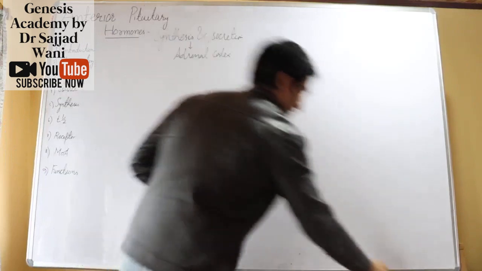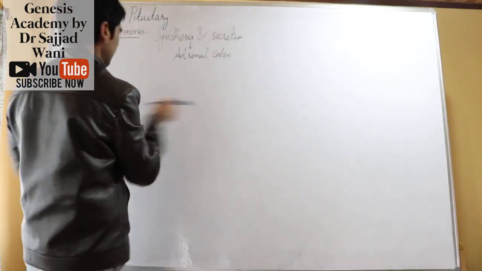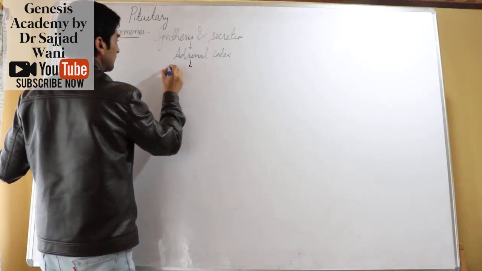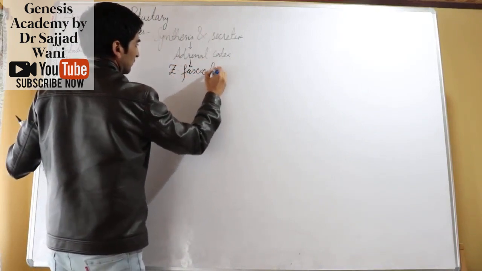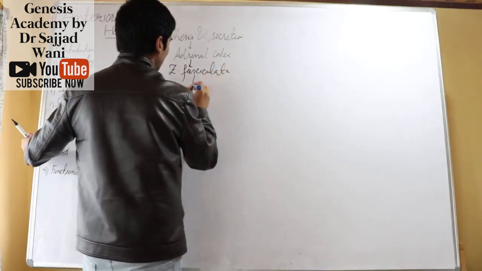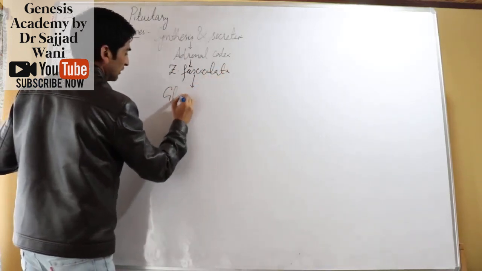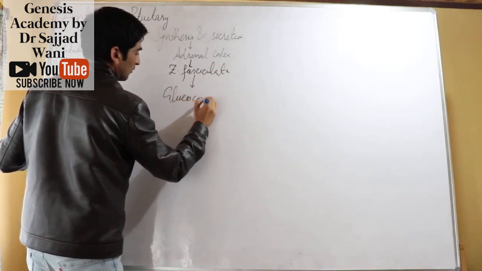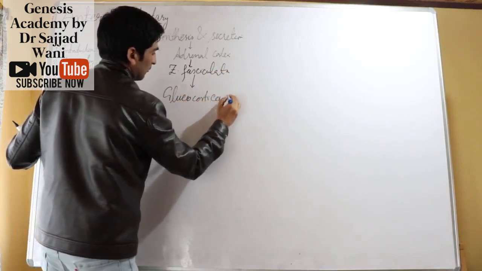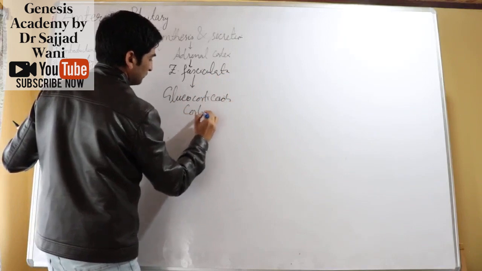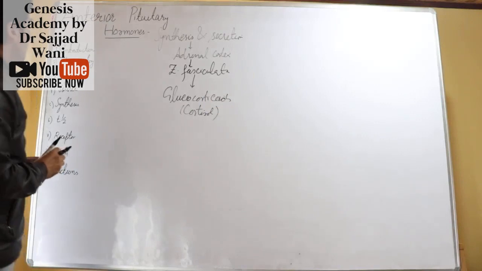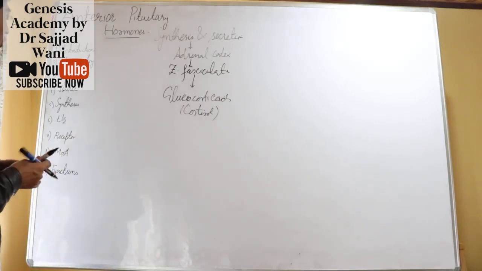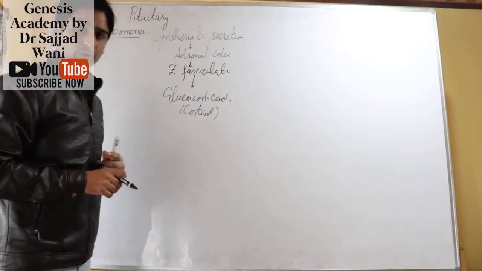And which hormones? The hormones from the zona fasciculata, especially. What are the hormones of the zona fasciculata? They are the glucocorticoids, for example, cortisol. So how does it do this? How does this adrenocorticotrophic hormone cause the synthesis and secretion of glucocorticoids?